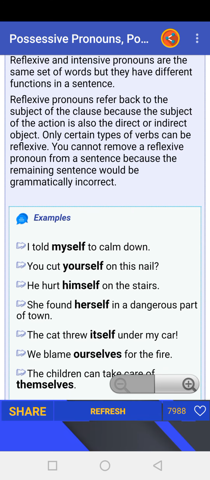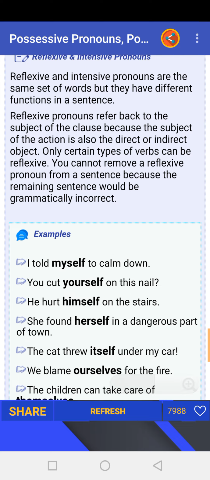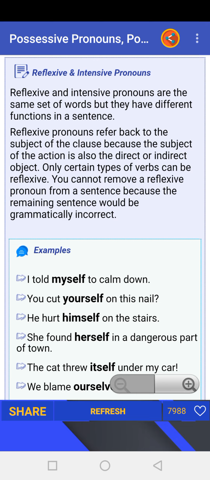Reflexive pronouns refer back to the subject of the clause because the subject of the action is also the direct or indirect object. Only certain types of verbs can be reflexive. You cannot remove a reflexive pronoun from a sentence because the remaining sentence would be grammatically incorrect. So this is the main difference between reflexive and intensive pronouns.